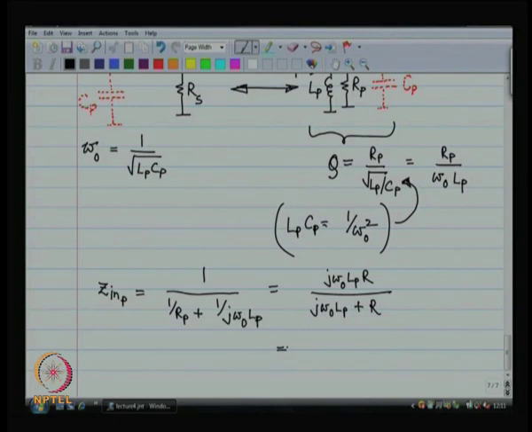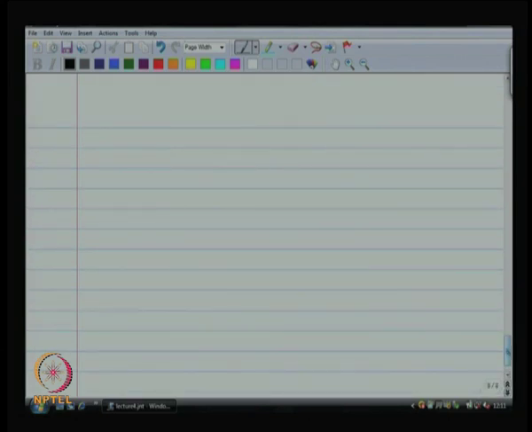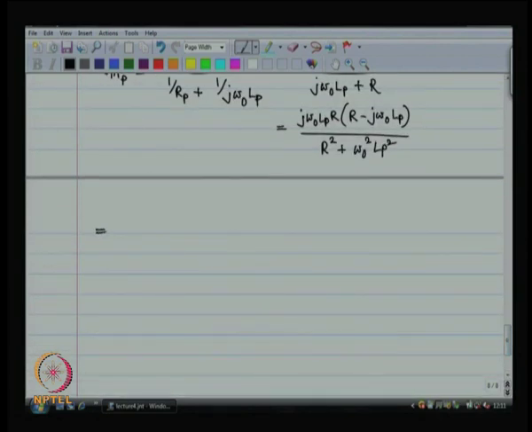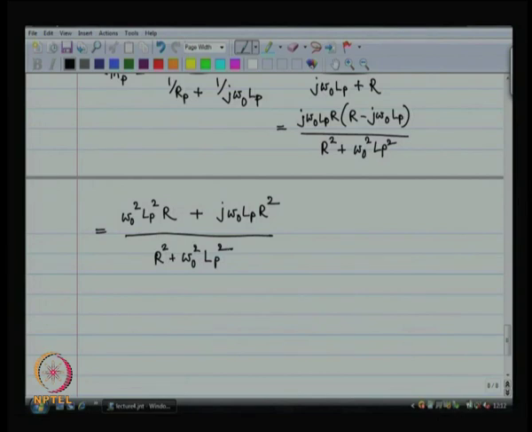Now, if I want to find out the real and imaginary parts of this, I have to multiply the numerator by the complex conjugate of the denominator, and so this is what I have got.